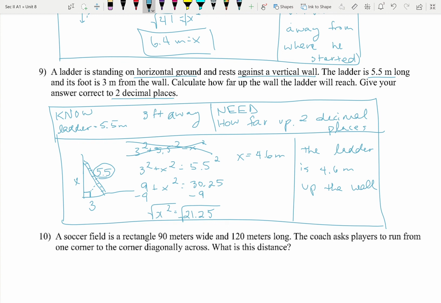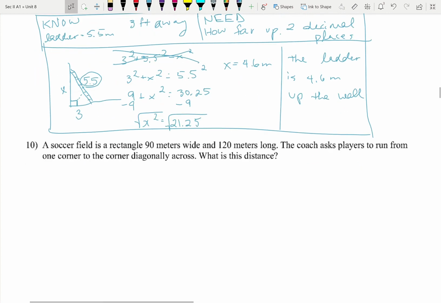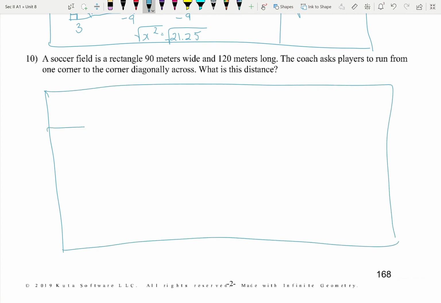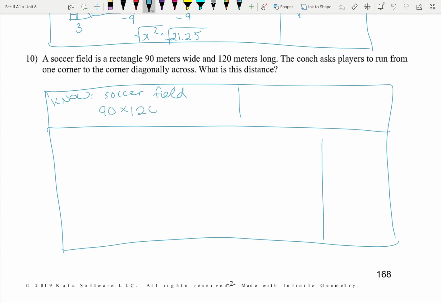Okay, last word problem here. We've got a soccer field that is 90 by 120.